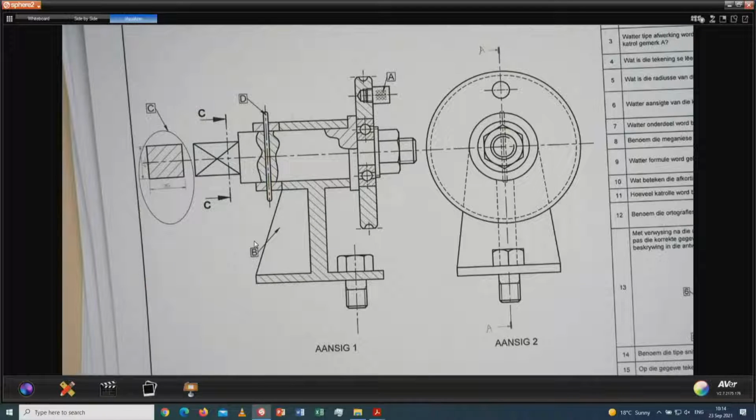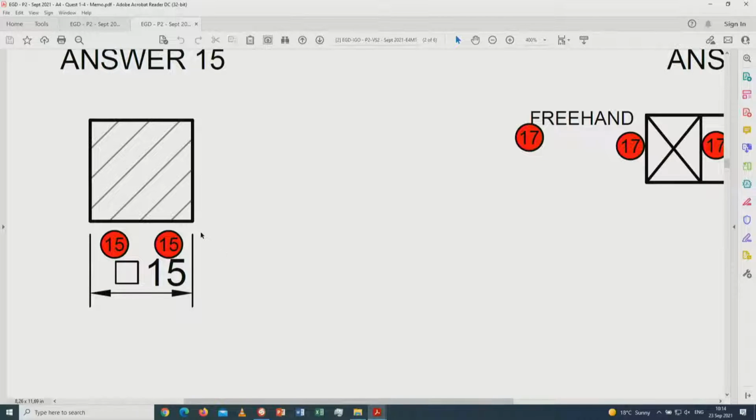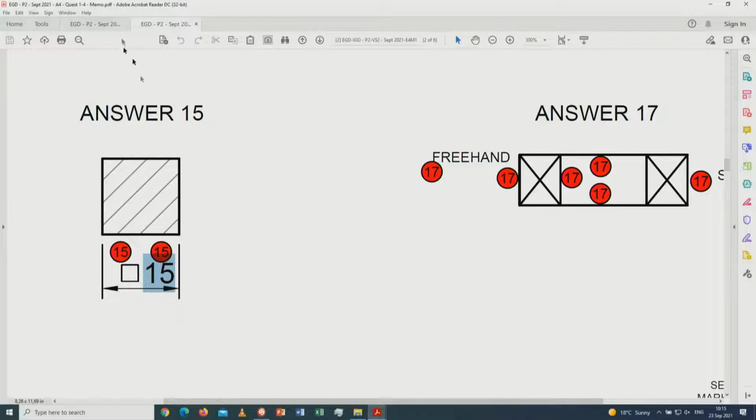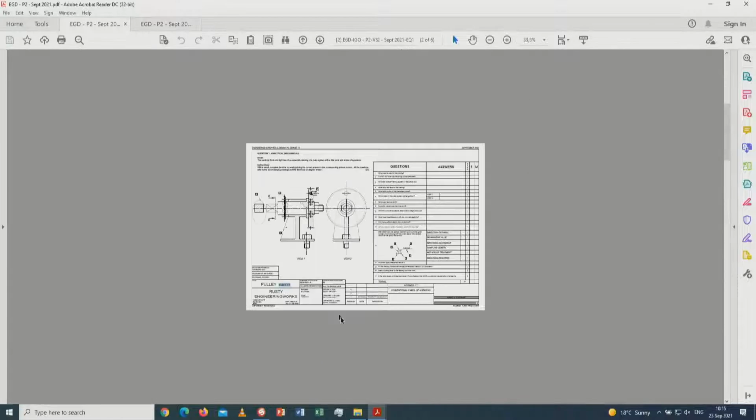So 15 or 75 can be seen as correct in that case. This can be changed to 15, or it can change to 75 for half a mark, and of course this part over here. That's where I say the benefit of the doubt goes to the learner.